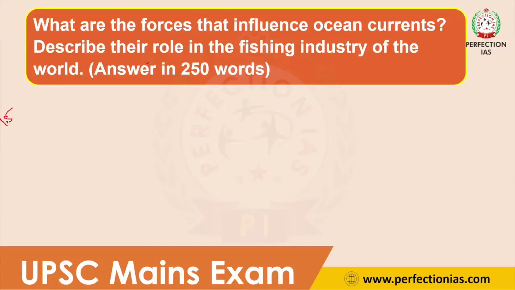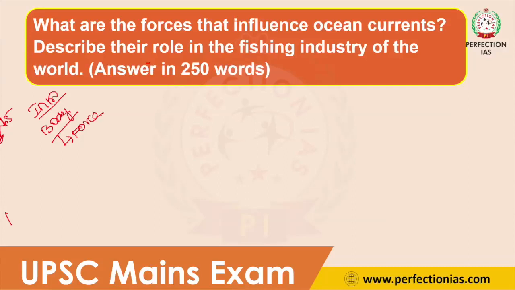First we will discuss the structure of the question. You have to write an introduction. In the introduction, you can simply define ocean current, and then move to the body. This question contains two parts. The first part is the factors or forces.